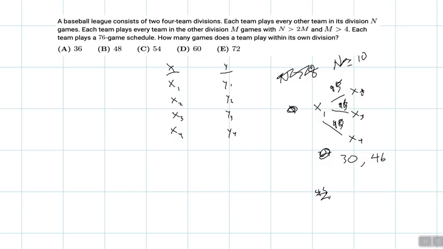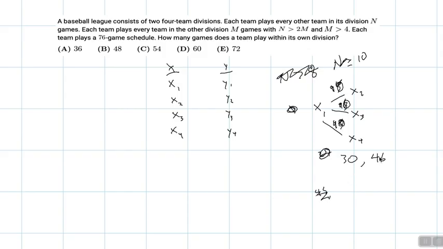So 15, in this case, N is, no, let's go back to when it's 10. N is equal to 10. What is M? Well, M is going to be more than N. So that wouldn't make sense.